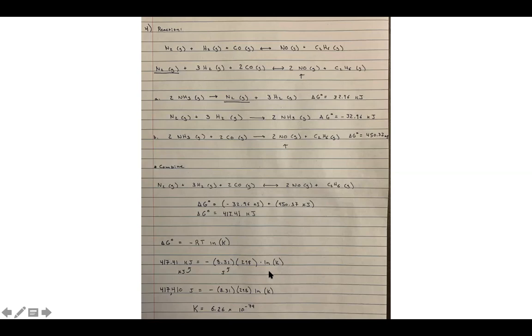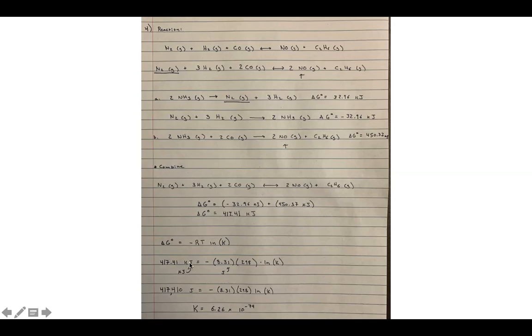Now, something really important to note here is that delta G naught is 417 kilojoules, but that R value, 8.31, is in terms of joules. You can't directly compare these sides. You have to convert both sides to kilojoules or both sides to joules in order to solve for our equilibrium constant.